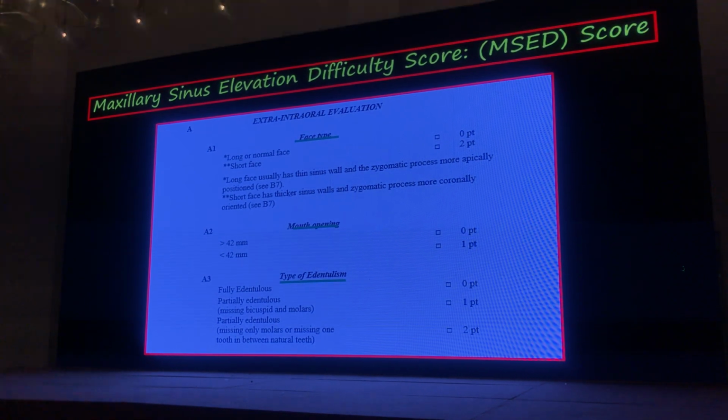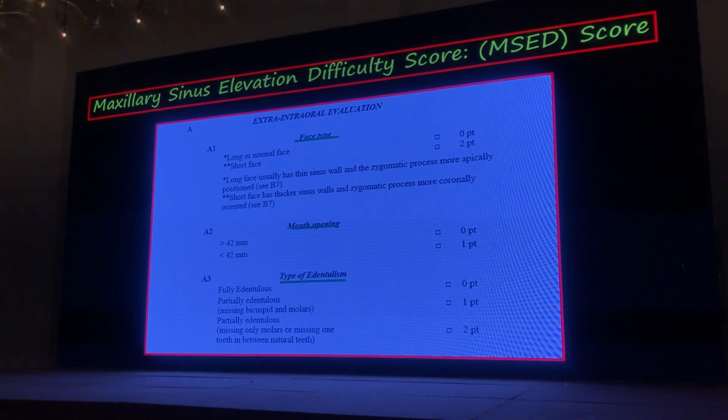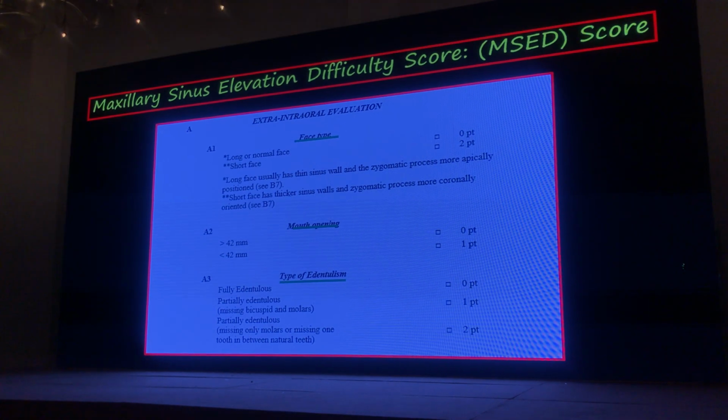Mouth opening: can they open wide, or are you going to have a difficult time getting in to see? It's going to determine how effective you are. What type of edentulous are you looking at? It's easier to do a sinus on a completely edentulous patient than on a patient who's only missing one tooth and you have to work in a very difficult partial site.